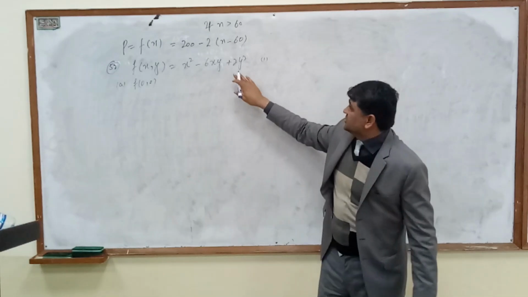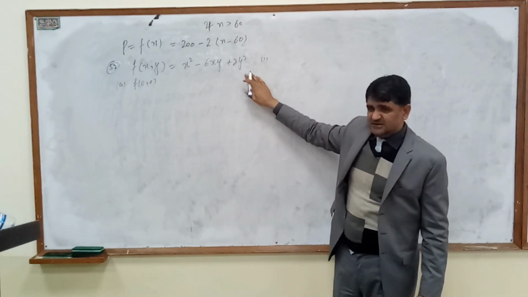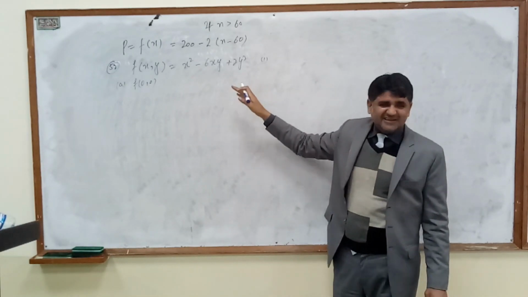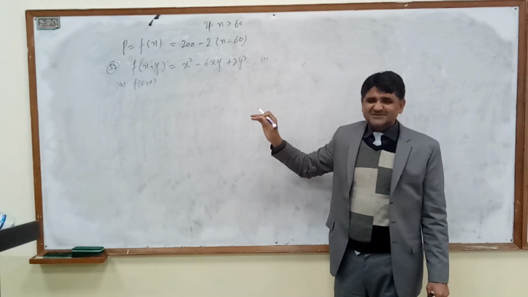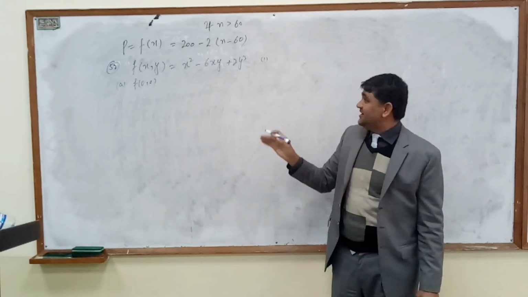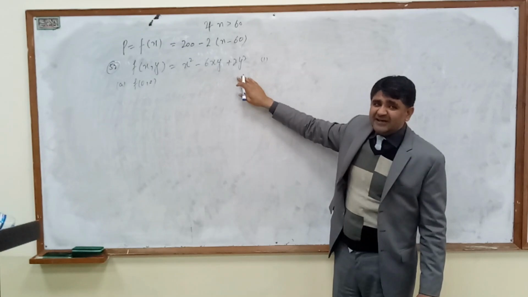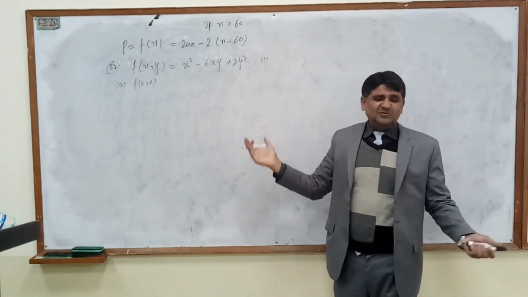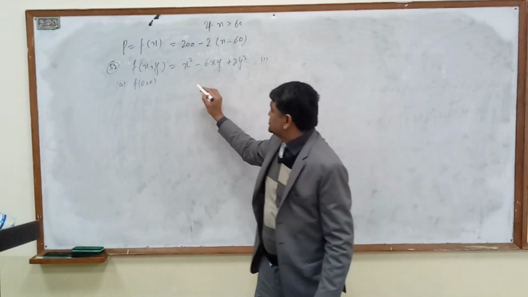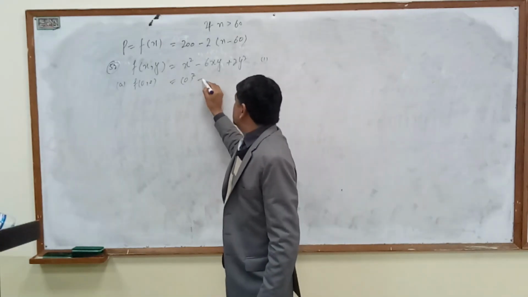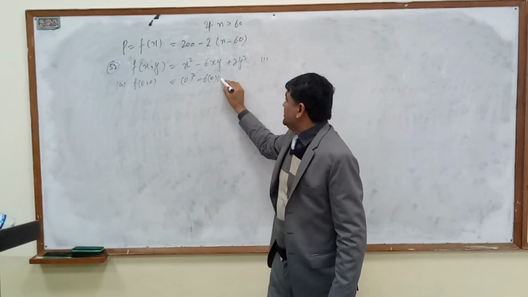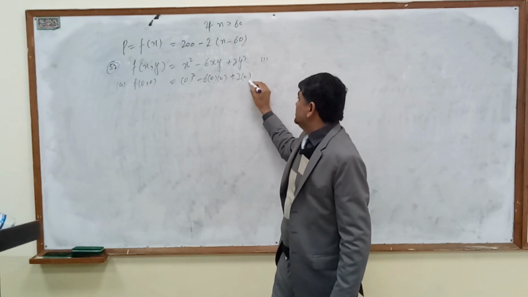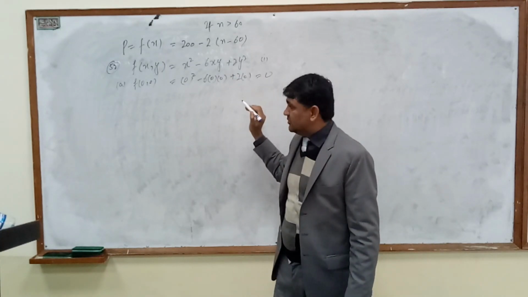So we can simply put the values of x and y in this function, and obviously if input is 0, output is 0, because in this function we don't have a constant. If there is a constant, then the value will be equal to the constant. So 0 square minus 6 into 0 into 0 plus 2 into 0 is equal to 0.